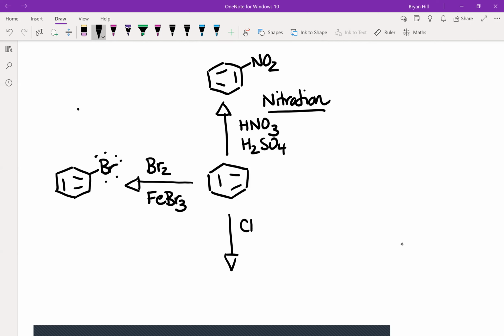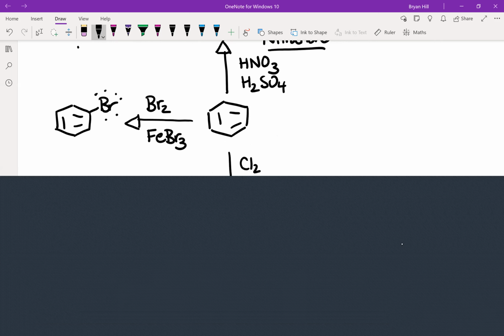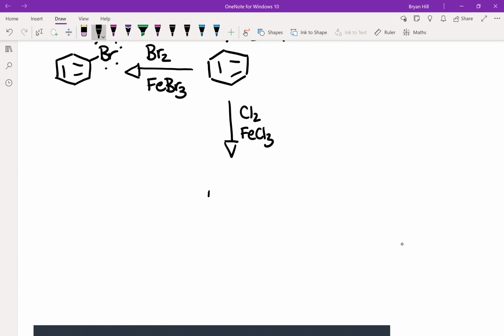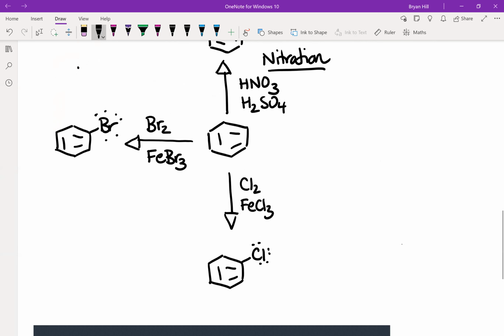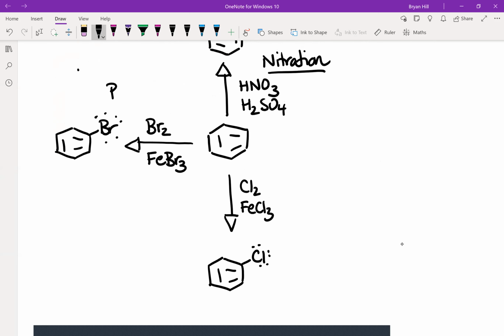Chlorination, Cl2, iron trichloride. And we substitute chlorine. Then there's two more, so bromination, chlorination.